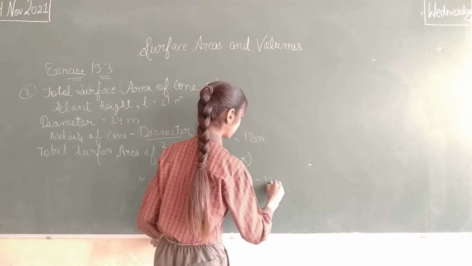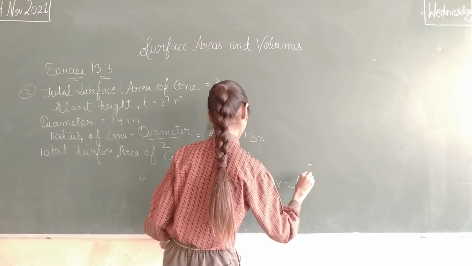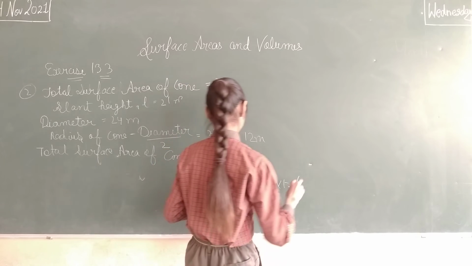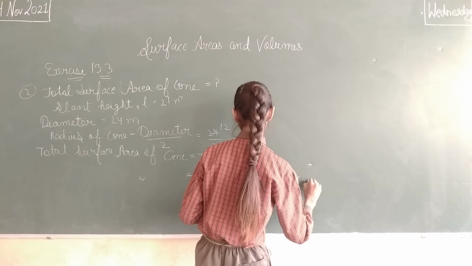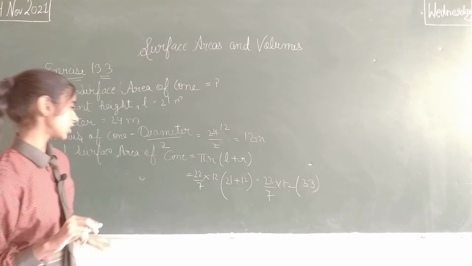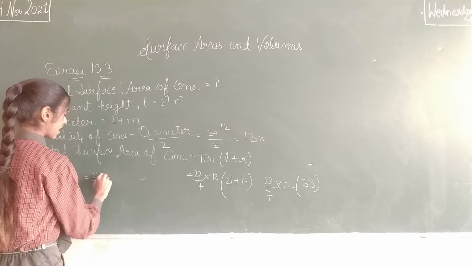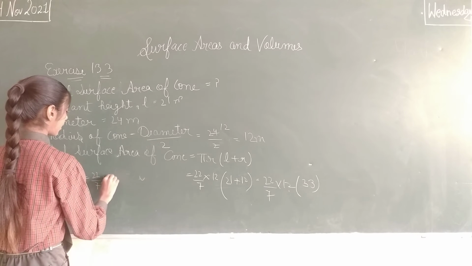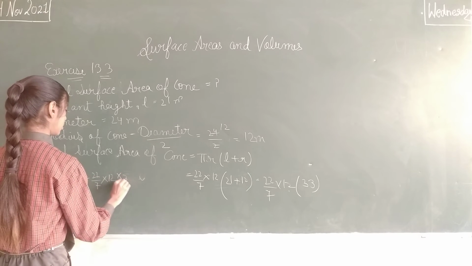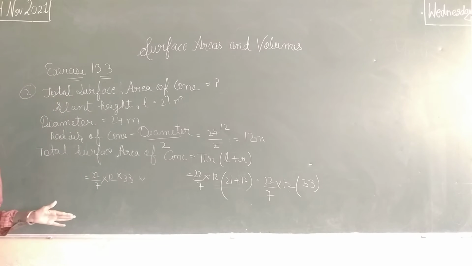That will be 22/7 multiply by 12 into 33. So we have to solve this calculation: 22/7 into 12 into 33. So anybody know the calculation of this answer?